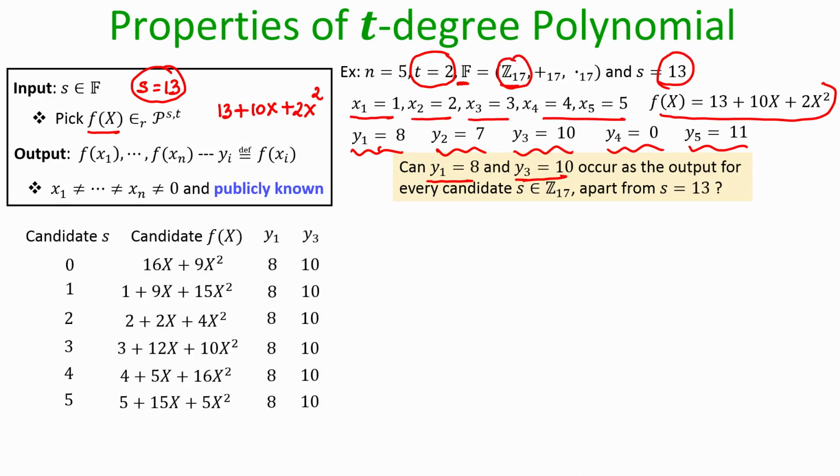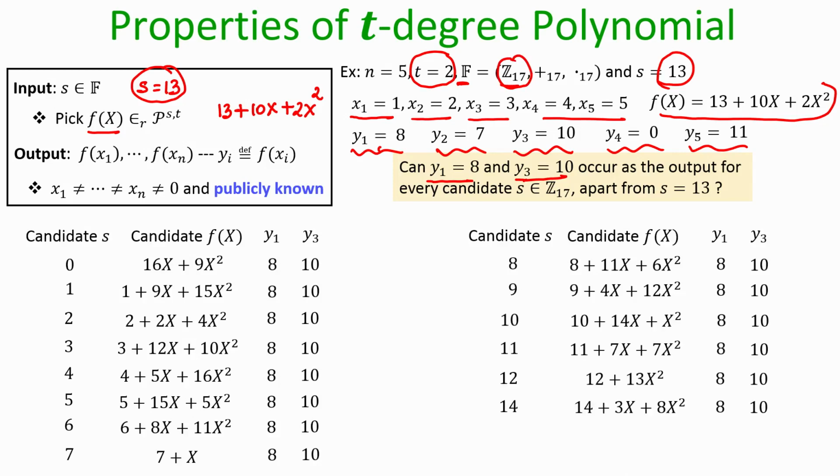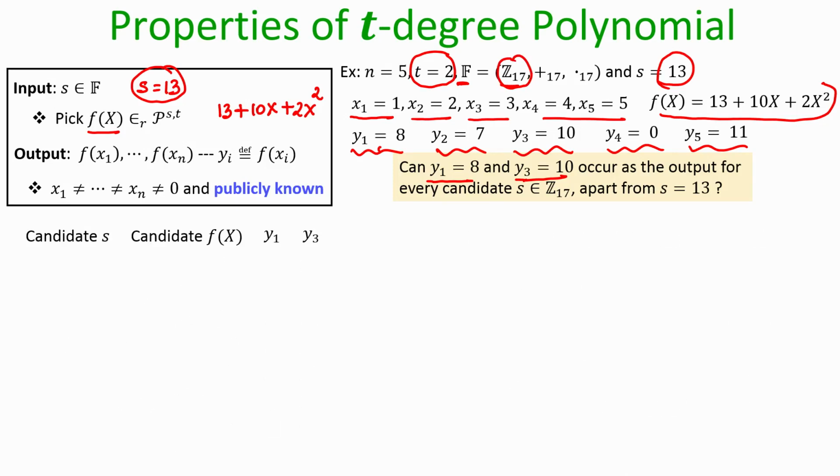And now, you can do the following. You can ask yourself in your mind, is it the case that my input in the experiment was 0 and you got outputs y1 equal to 8 and y3 equal to 10? Well, that is quite possible if in the experiment I would have chosen this 2 degree polynomial, because indeed this 2 degree polynomial has its constant term 0, and when evaluated at x equal to 1 gives you 8 and when evaluated at x equal to 3 gives you 10.